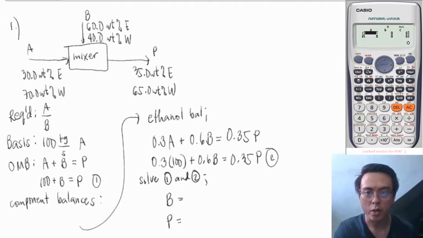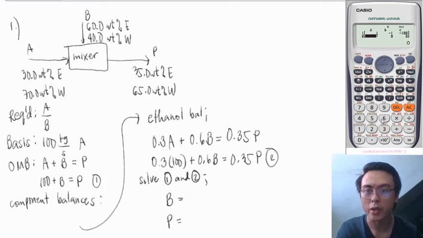For the first equation, we have, let's use x as B and y as P. We have 1 for A, B is negative 1, and then C is negative 100.